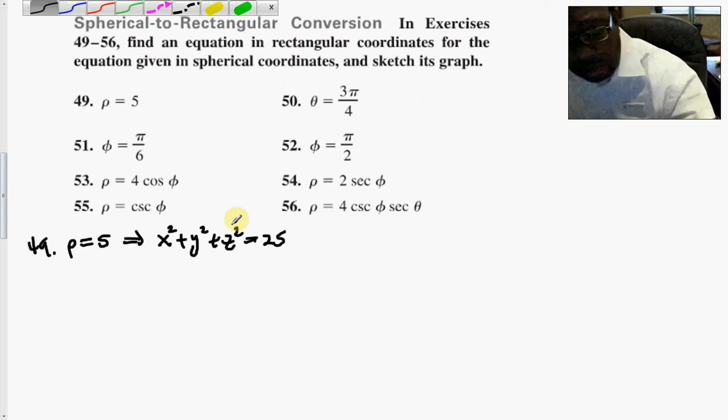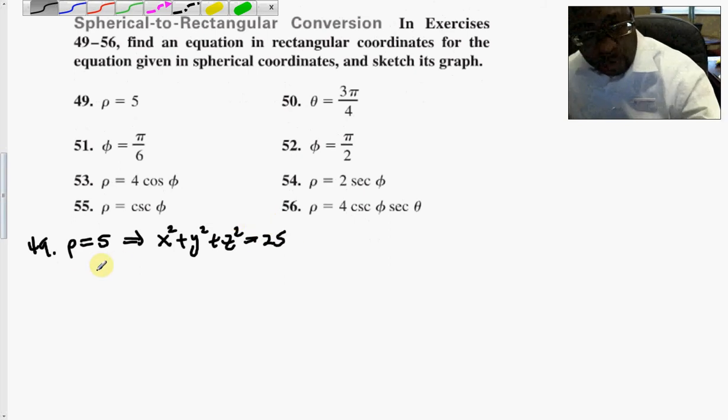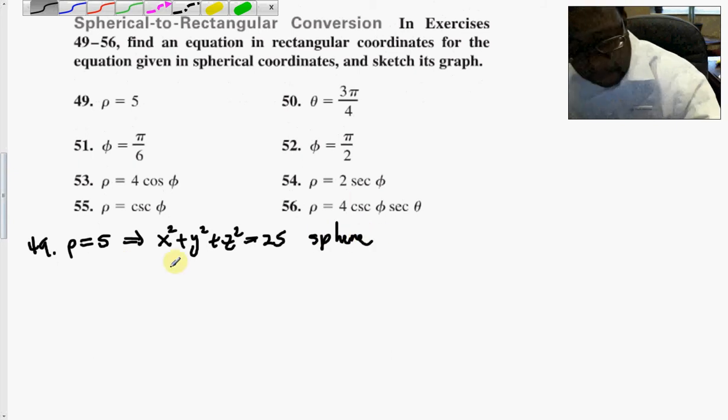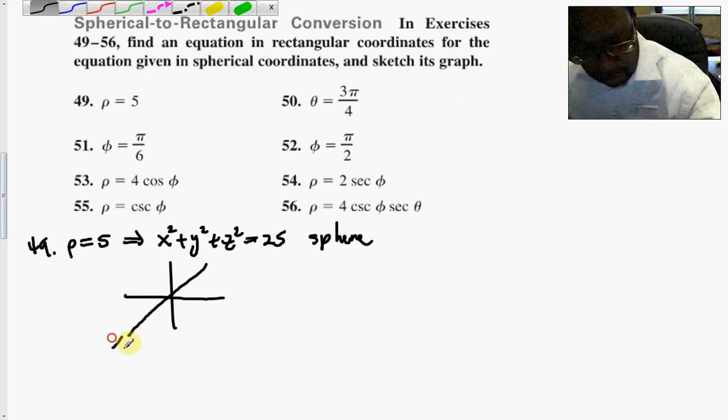So this is no more than just a sphere with radius 5. I won't bore you with the particulars.